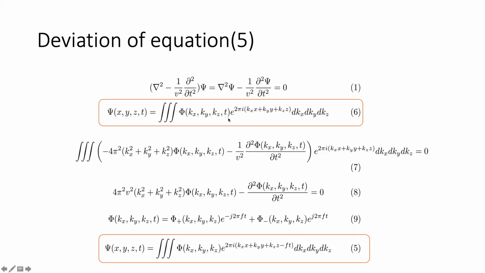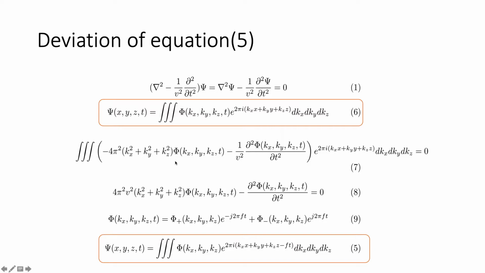Then we substitute it into the wave equation, which produces equation 7. In equation 7, the integral is 0 only if its spectrum phi is 0 for all frequencies.